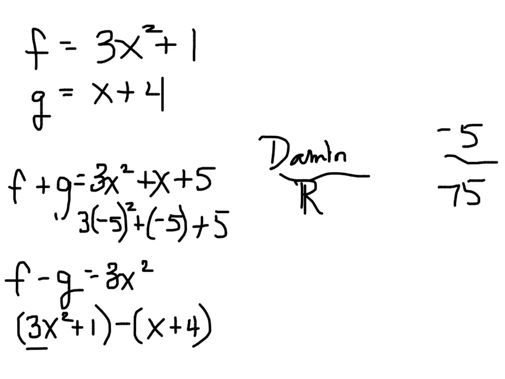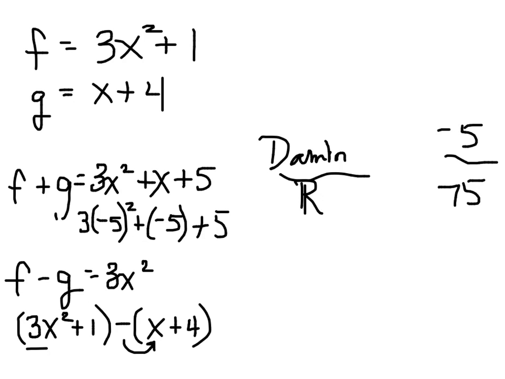Close. Devin, help your friend out. No, Devin, you can say it yourself. I don't know if you saw my hint, but you see how I have this coming from this negative sign and then going to the x? Do you know what it is now?